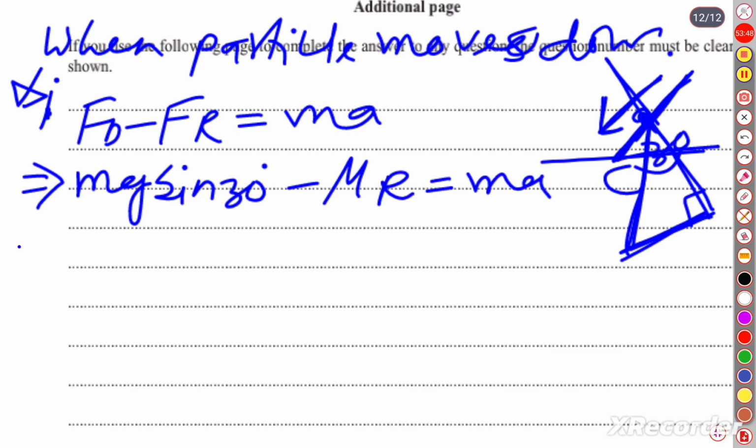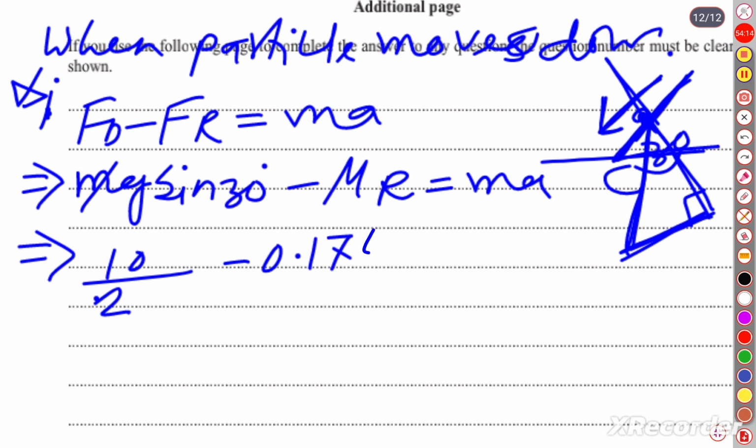Let us repeat, though we have written it earlier multiple times. m can be cancelled from all sides, g is 10, and sine theta is equal to half. So 10 over half, minus mu; let mu remain unchanged, or you can apply the value we have already obtained, 0.174, or the whole quantity without rounding it up.